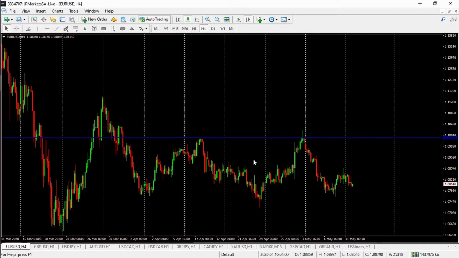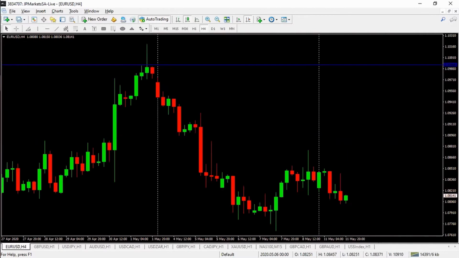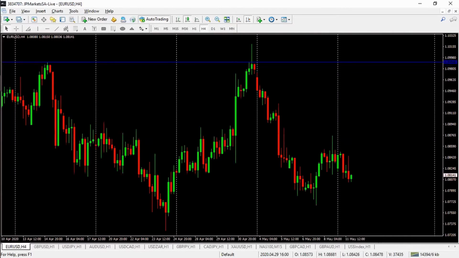This level is a level that you can look to catch a trade on a higher time frame, and it's been falling from this level. When it hit it here, it's been coming down.